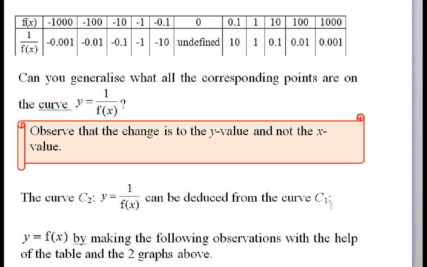What Tristan was talking about is this. And what Chen Zi talked about was this: when you have y of 1,000, you have a very small value. And what I was talking about was this: a negative value stays negative when you take the reciprocal, and a positive stays positive.